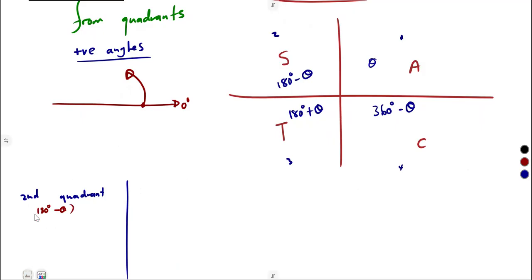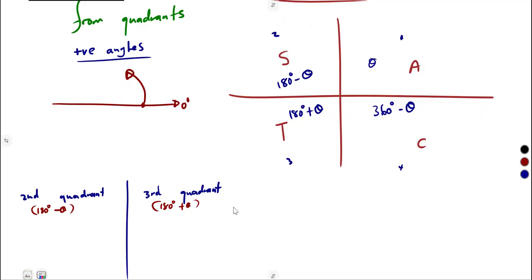Remember, you're talking about positive angles. Then we're going to have the third quadrant. This is the quadrant of 180 degrees plus theta.